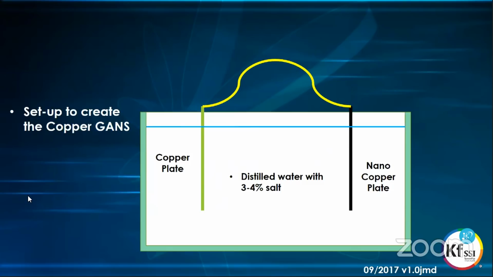We'll begin to understand that there will be different uses for these GANSes. So you can create a whole spectrum of different strength copper GANSes by regulating the current which circulates between those 2 plates, or by adjusting the distance between the plates, or by adjusting the salinity.